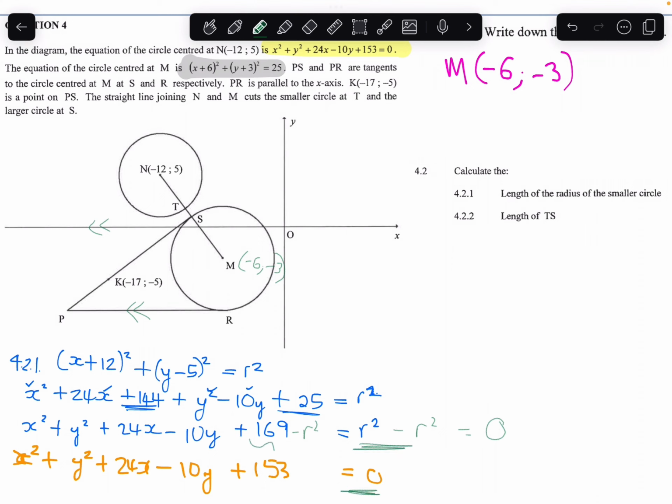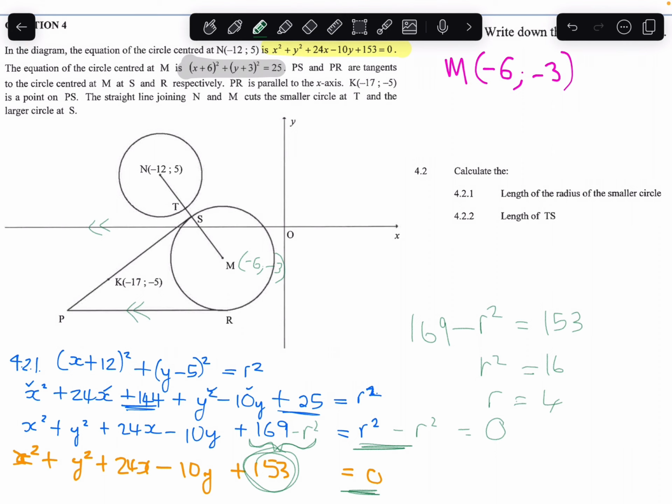And so that means this bit over here must be equal to 153. So 169 minus r squared must be equal to 153, which means r squared must be 16, and so r is 4. So that would be another way that you could approach this question, given that they gave you the center already.